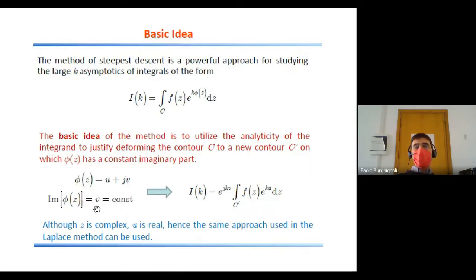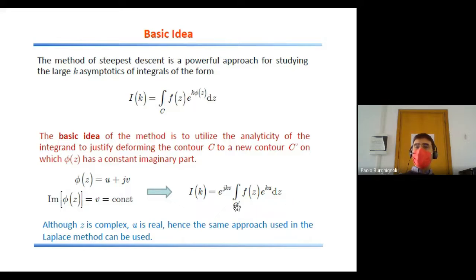Now, if we let this locus be equal to C prime, we may deform the integration contour from C to C prime, and what we get is a new integral made along C prime, in which, since v is equal to a constant, the exponential with imaginary part v in the exponent can be taken outside of the integral, because that does not vary with the integration variable z.